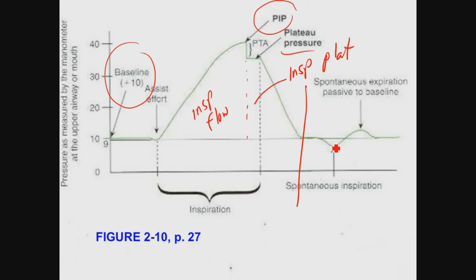So this is inspiratory, this is expiratory. Notice also that I'm at a pressure of +10. My inspiratory and expiratory phases are oscillating around a pressure of 10. If this is all I had, I would call this CPAP. Right?